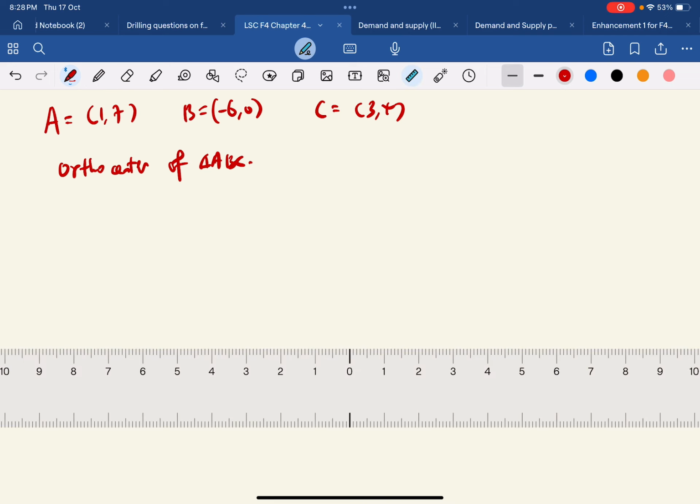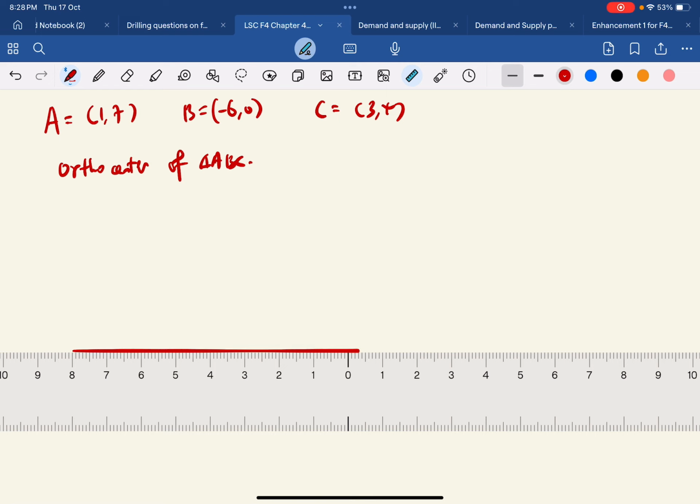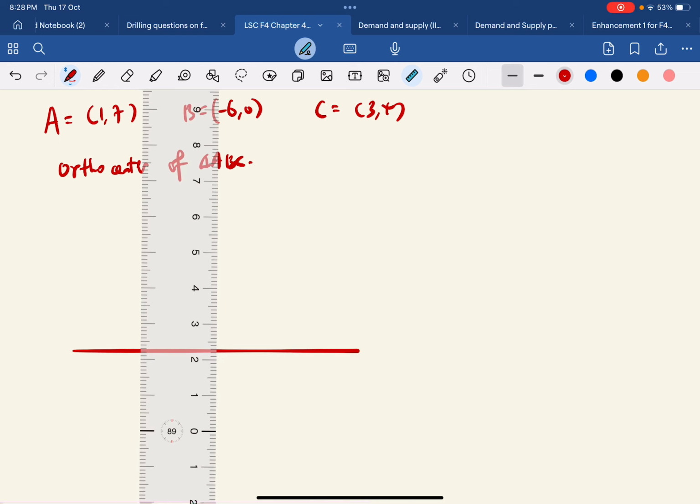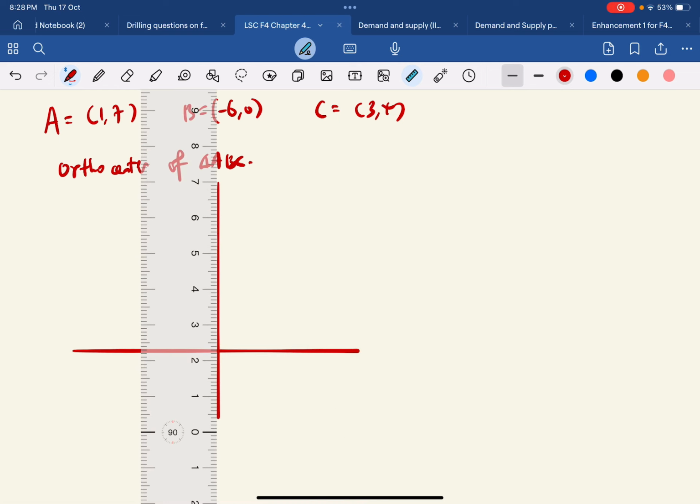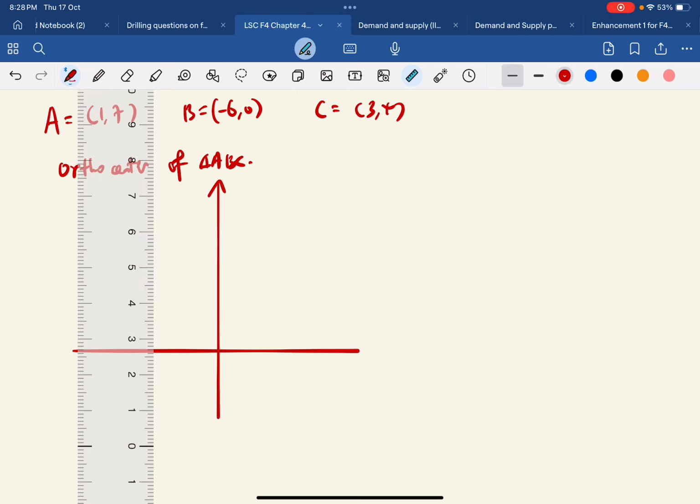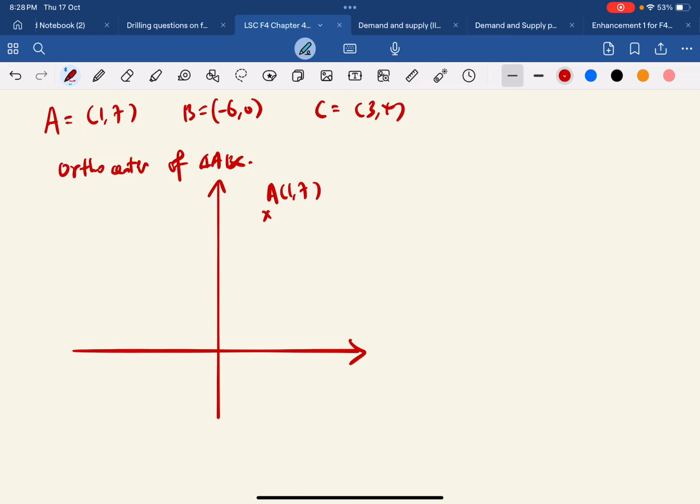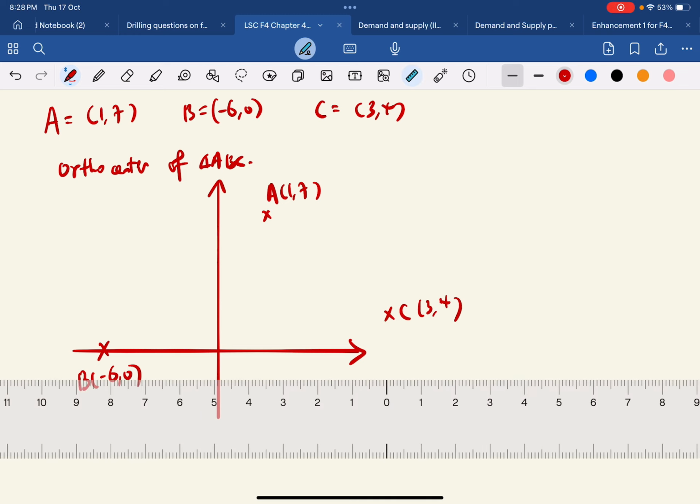So I would draw the diagram first. So (1, 7) may be somewhere here. (-6, 0) may be somewhere here. C may be somewhere here. Okay, so I join the dots first.